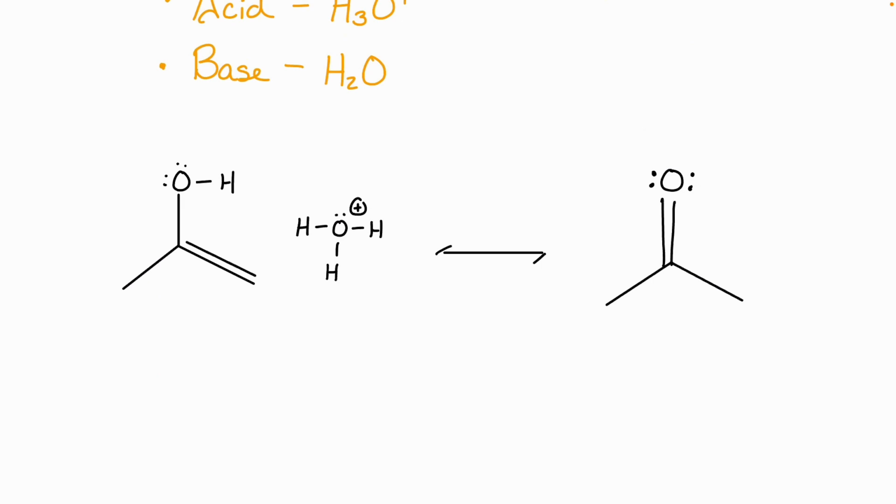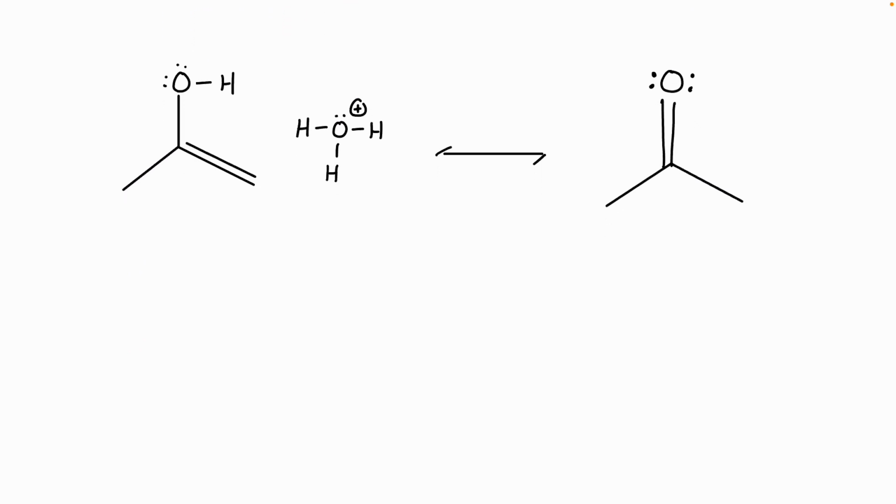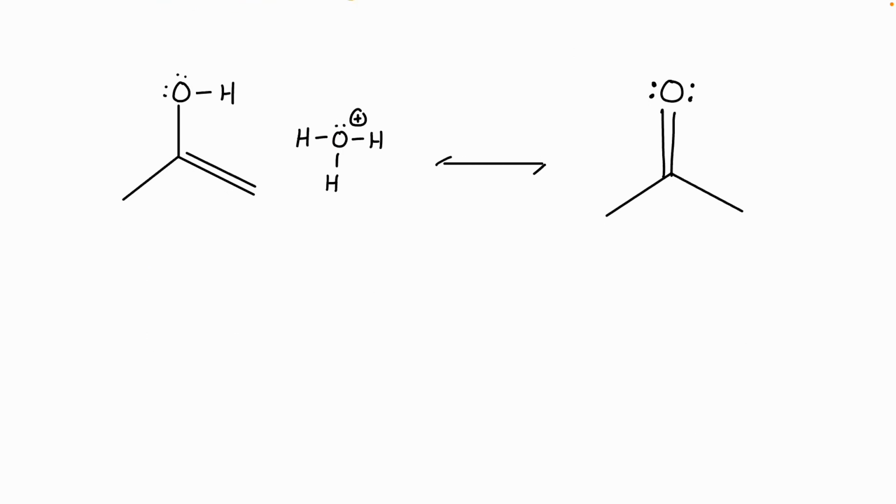All right, so I'm going to start this off for us here. What do we think the first step is where we have a double bond and a strong acid? What's going to happen? A pi bond and a strong acid. What's going to be the nucleophile?